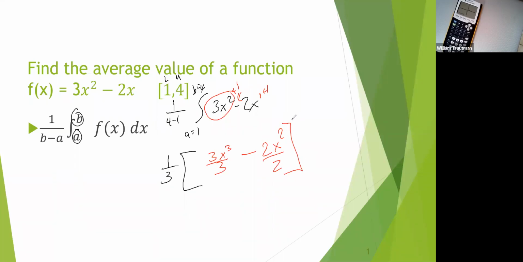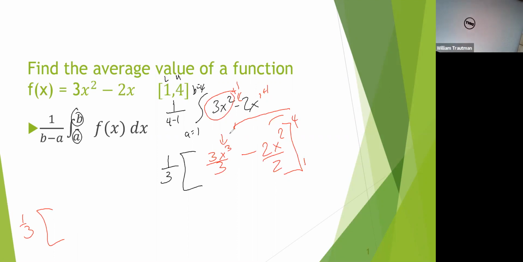We're going to integrate from 1 to 4. So we plug 4 into here and find the answer. Then we plug 1 into there. I'm going to start with just 1/3, and we plug 4 in.